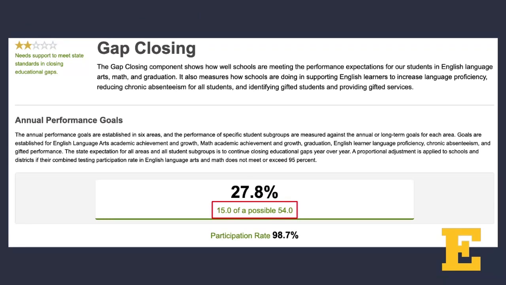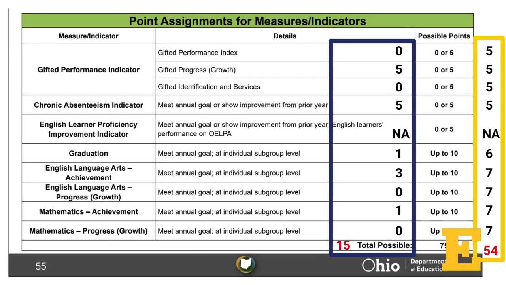Our overall percentage for gap closing was 27.8%, which means that we got 15 points out of a possible 54 points. And we'll kind of break down what that looks like. Each one of those measures within gap closing is listed on the left side, and then each part is under the details in the middle column.